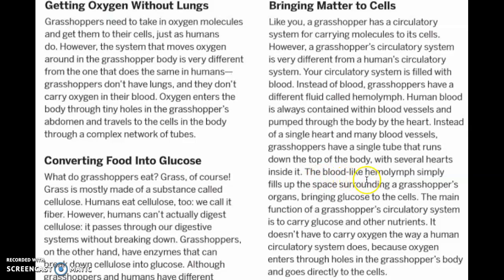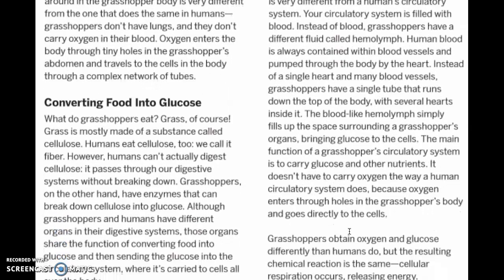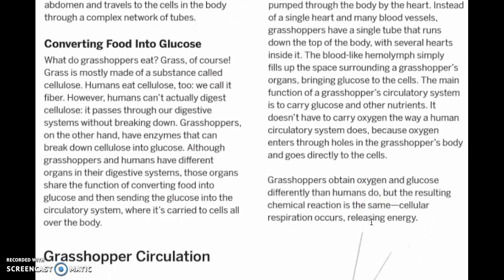The blood-like hemolymph fills up the space surrounding a grasshopper's organs, bringing glucose to the cells. The main function of a grasshopper circulatory system is to carry glucose and other nutrients. It doesn't have to carry oxygen the way a human circulatory system does, because oxygen enters through holes in the grasshopper's body and goes directly to the cells.